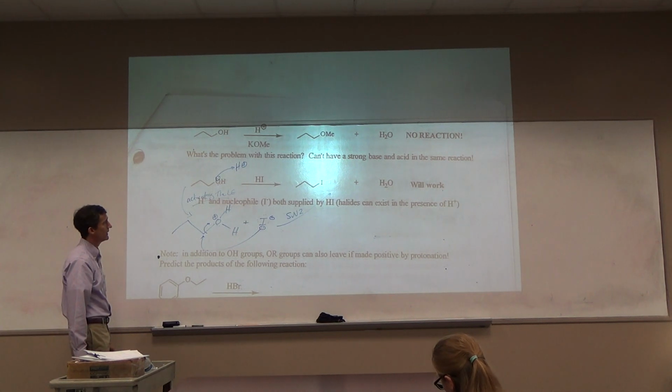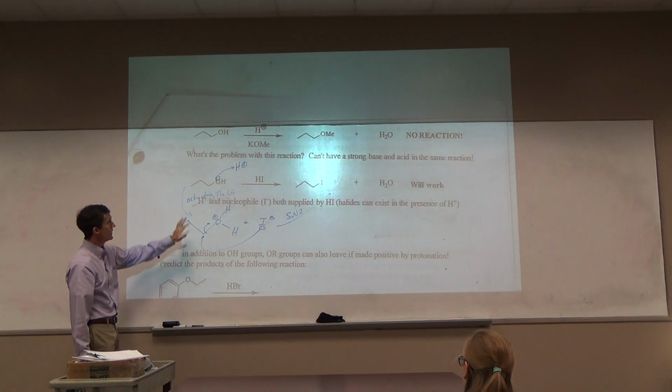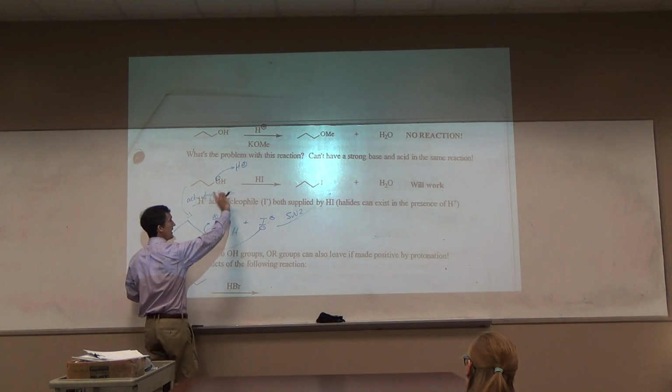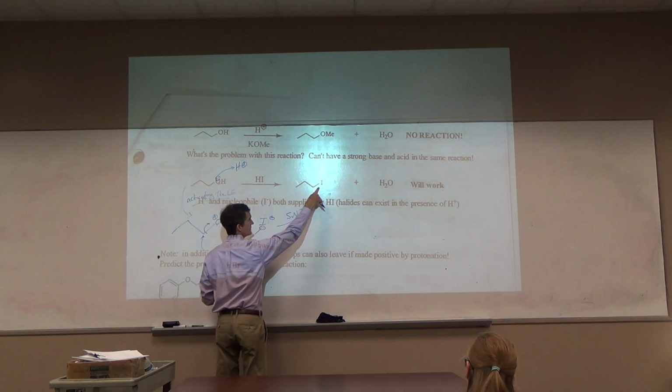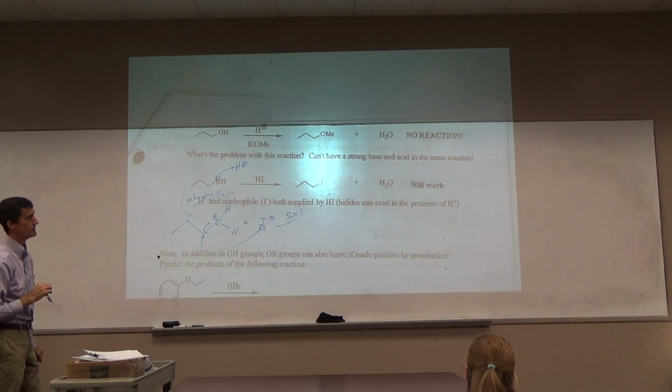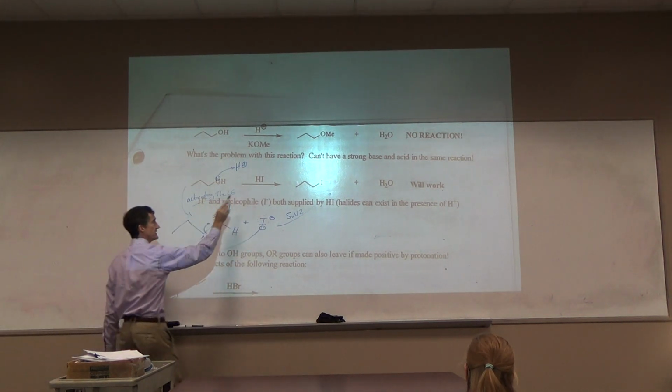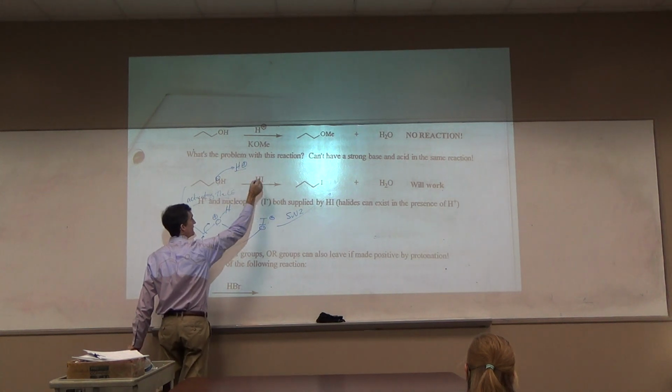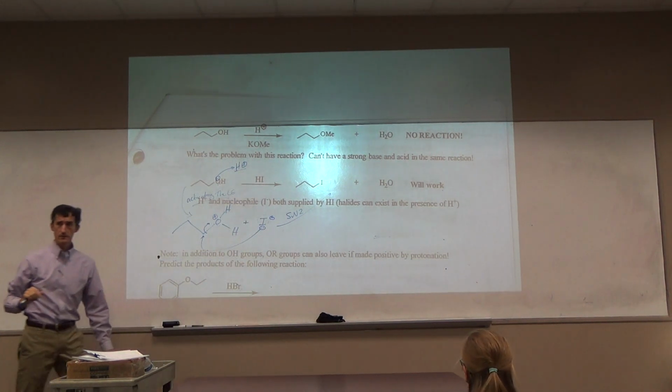Okay. So, a very common reaction for alcohols is to convert them to alkyl halides by reaction with HX, where the HX supplies the acid and the nucleophile. Make sense, yeah?